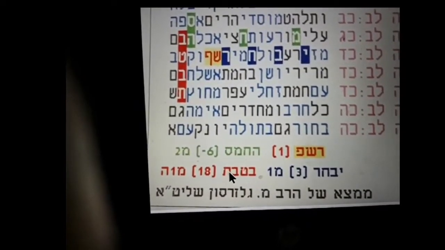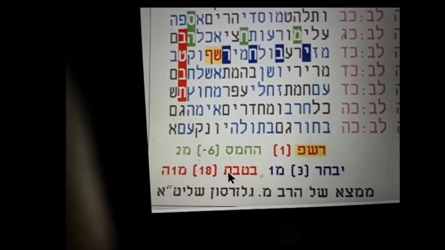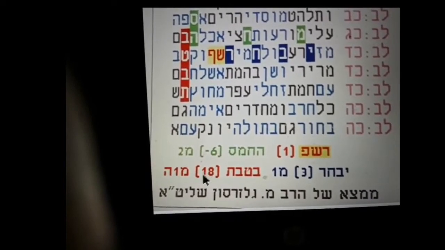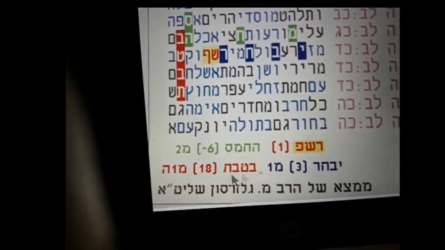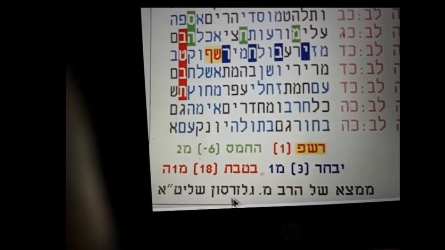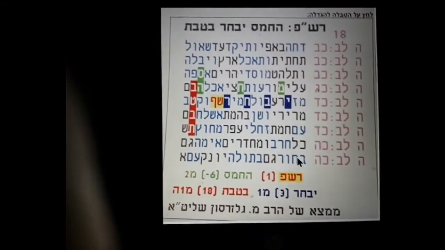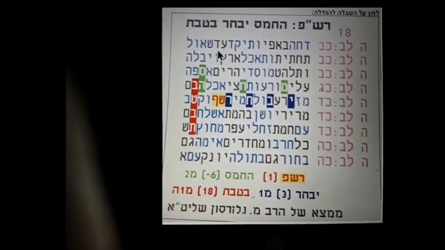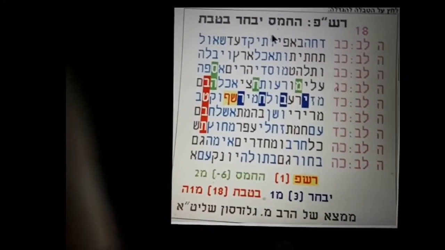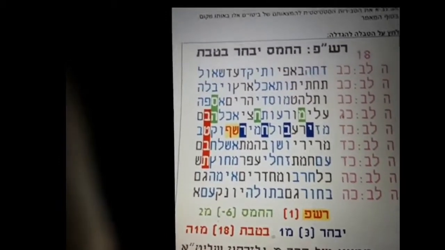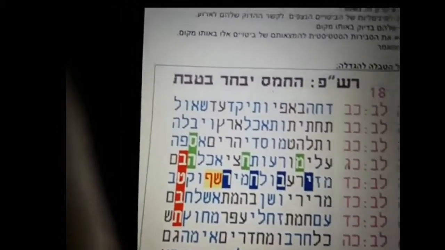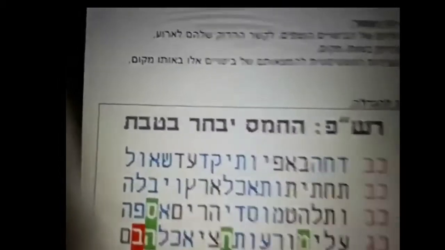B'Tevet, the month Tevet, Capricorn, which is the month of the Palestinians, every 18 letters, minimal in the book of Deuteronomy, which is against our millennia. This is my finding, and the program is a program of Professor Eliyahu Rips.